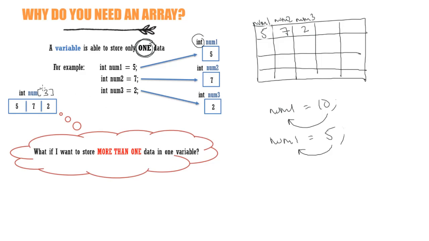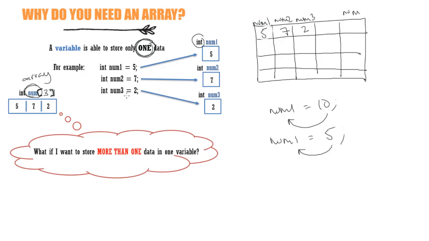If you see a variable that has a little box here, this variable now suddenly becomes an array. So I have a variable here called num, and then I do this little box with the size, so I make this variable store 3 data, so this has become an array.